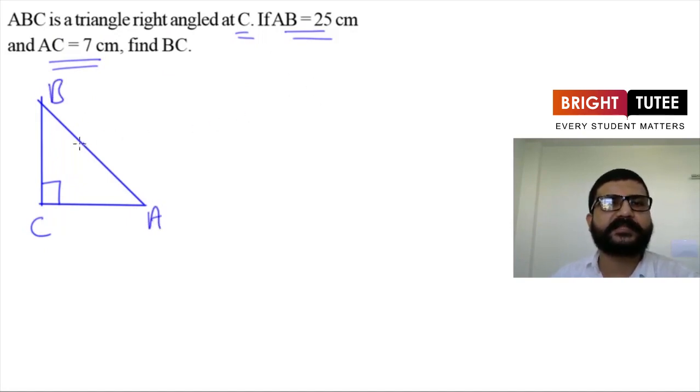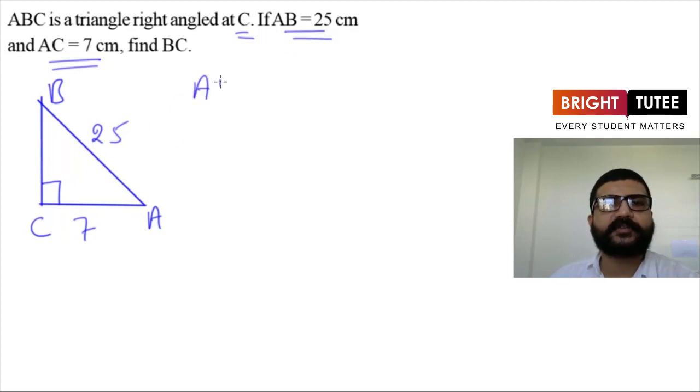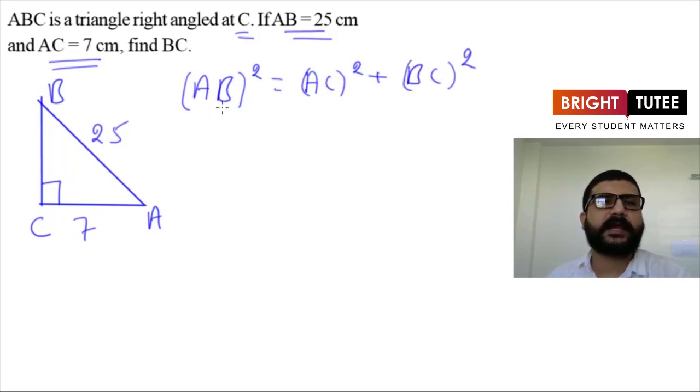And now AB is given as 25, that is, this is 25, and AC is given as 7. This is 7. We have to find BC. So here also we can use Pythagoras theorem. Now according to Pythagoras theorem, AB square is equal to AC square plus BC square, that is, the square of the hypotenuse, which is AB here, is equal to the sum of the squares of the other two sides.